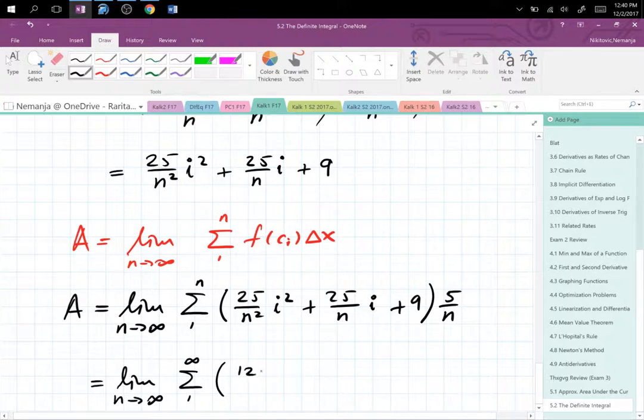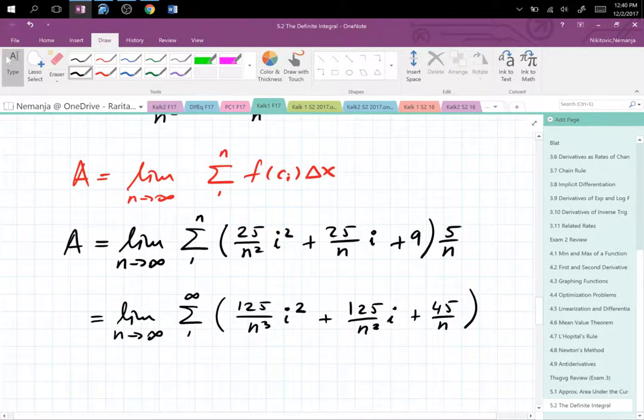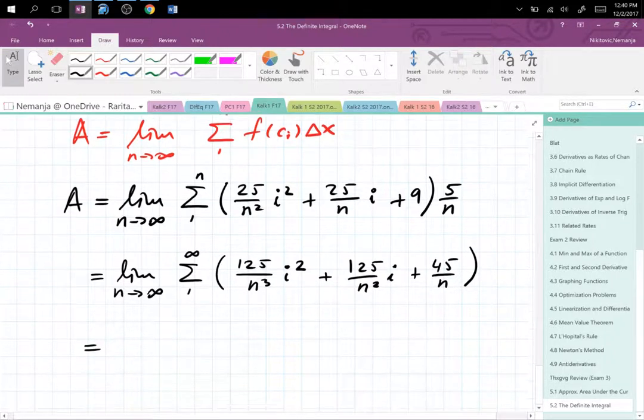Distribute 5 over n to each: 125 over n cubed i squared plus 125 over n squared i plus 45 over n. Time to split into 3 sums.